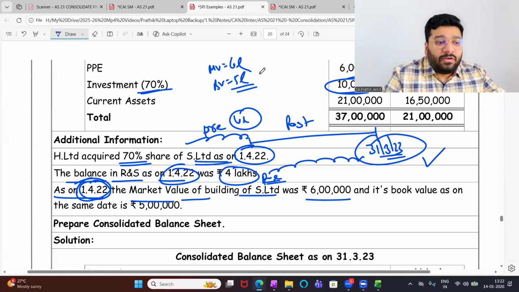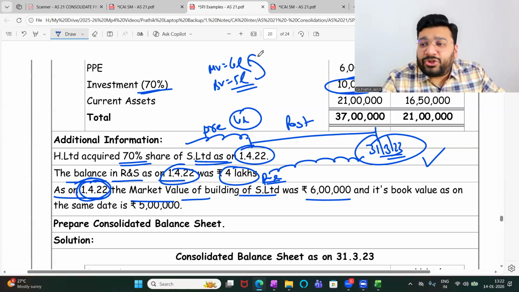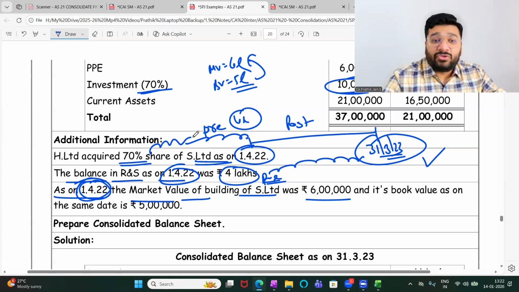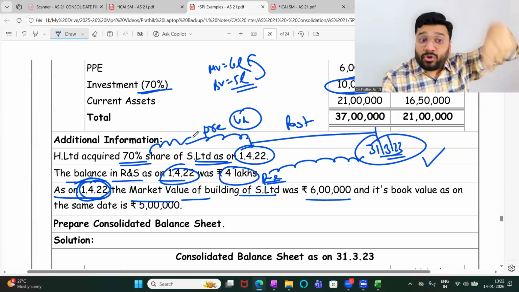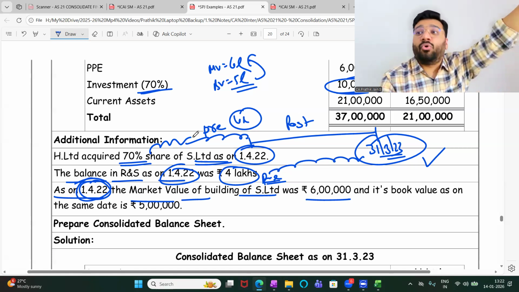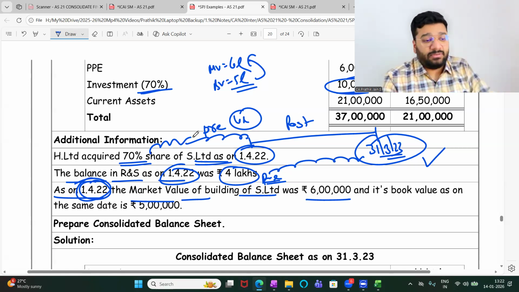From 5 lakh to 6 lakh, it's upward revaluation of 1 lakh. Upward revaluation is profit. This growth happened during the pre period, so it belongs to the old shareholder. So this profit will be added to the pre-profit. Pre belongs to old shareholders. Post belongs to H Limited, to us.